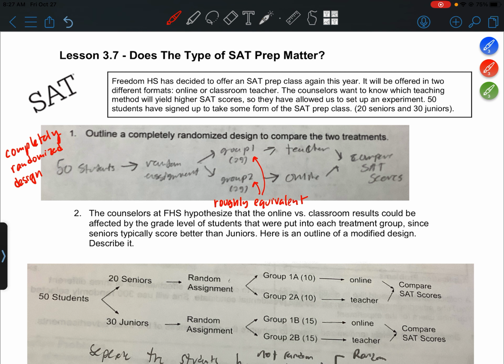There might be slight differences just due to the random nature, but there's nothing systematically different about these groups. It isn't until we actually assign the treatment that we impose something that makes the groups systematically different. But here in this middle phase, they're about the same.